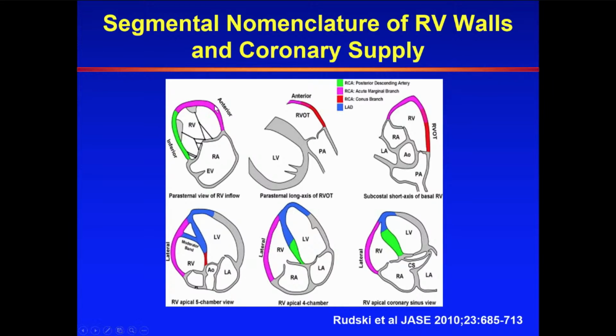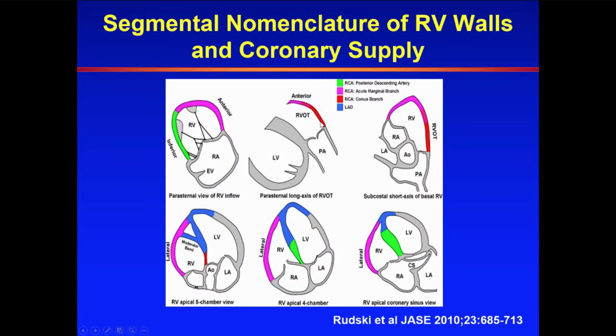The anterior wall of the right ventricle gets its supply from the acute marginal branch, whereas the inferior wall and the basal and part of the mid-interventricular septum, this is inferior septum that we are talking about, gets its supply from the posterior descending branch of the right coronary artery.